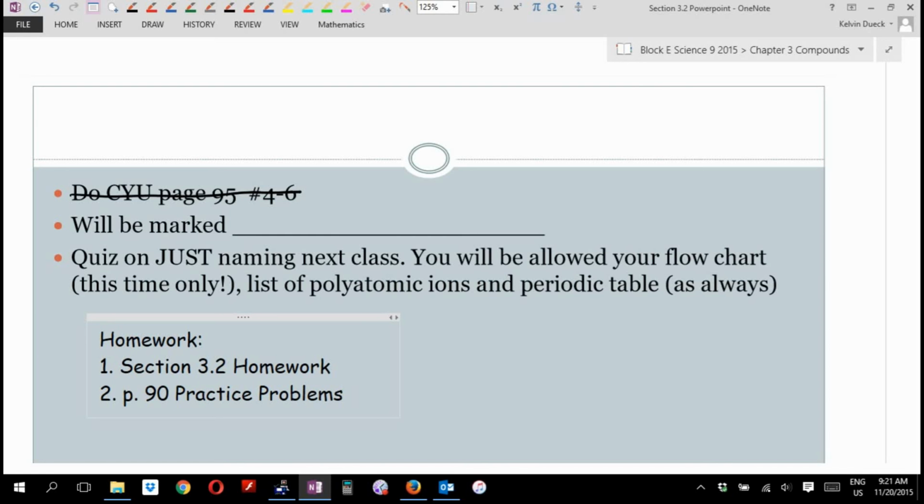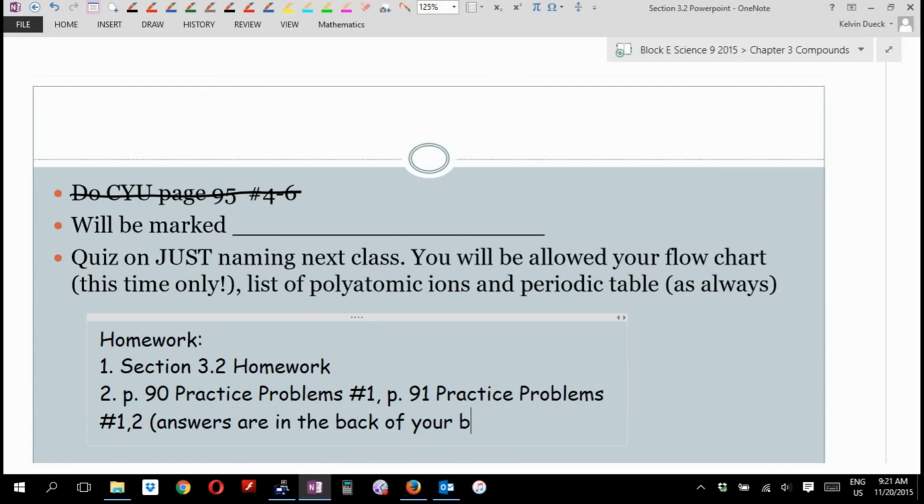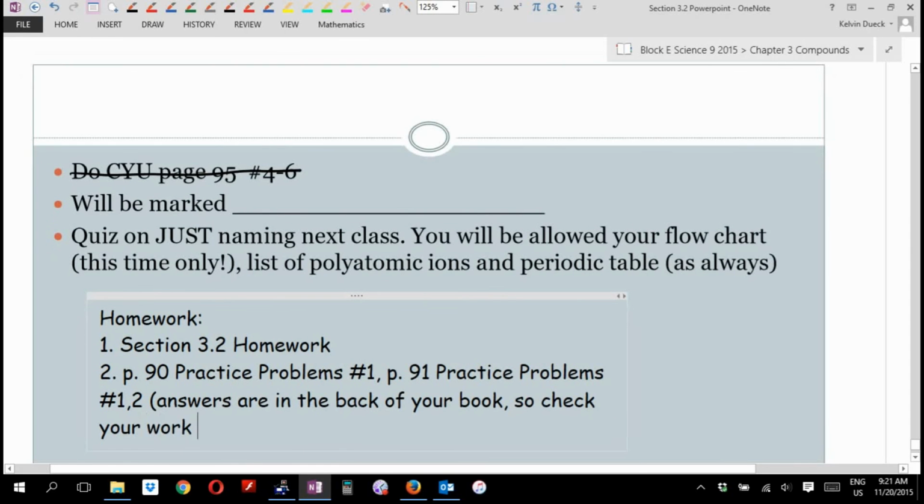So practice problems, number 1, and then page 91, practice problems, number 1 and 2. And the answers are in the back of your book. So check your work, please.